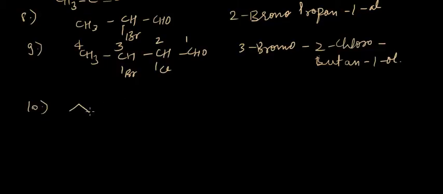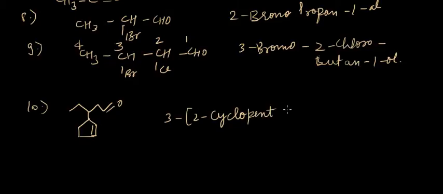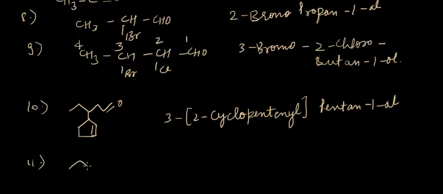Okay, so what would be the name of this compound? So this would be 3-(2-cyclopentenyl) and simply pentan-1-al. What would be the name of this compound?